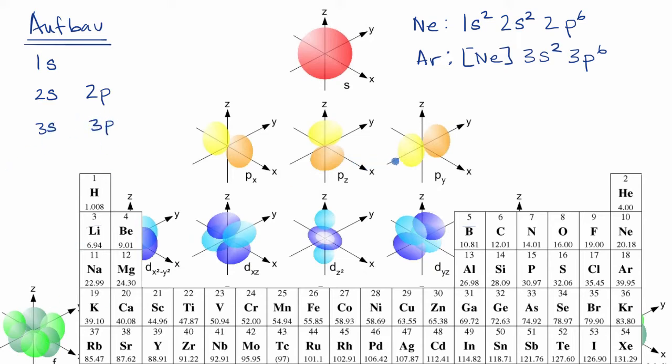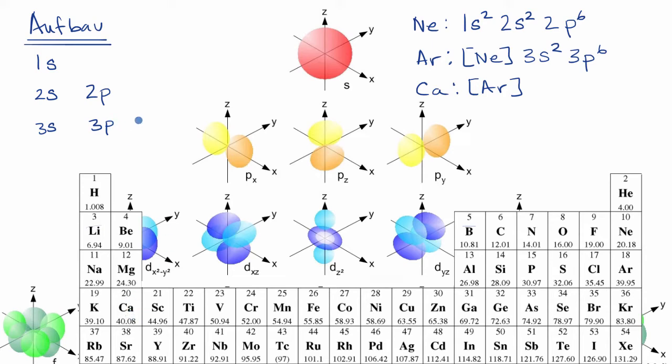Now, what would be the electron configuration of calcium? Pause the video and think about it. All right, well, calcium has 20 protons, so a neutral calcium would have 20 electrons. So 2 more electrons than argon. So we can build off of argon. And where are those electrons going to go? And this is where the Aufbau principle is interesting.